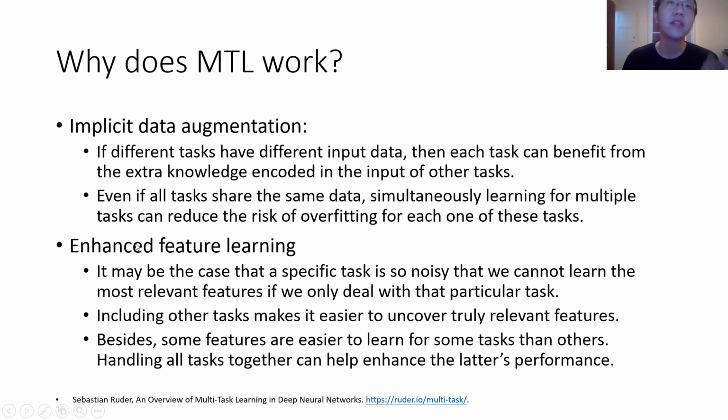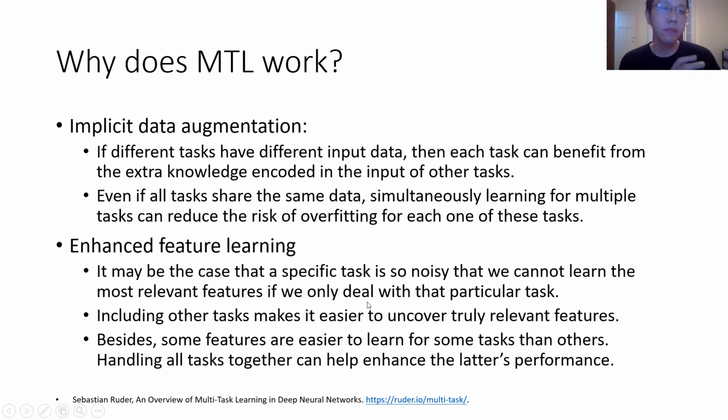The other reason is that we can do enhanced feature learning. A specific task can be very noisy, so that we may not be able to learn the most relevant features if we only deal with a particular task. But including other tasks makes it easier to uncover truly relevant features.